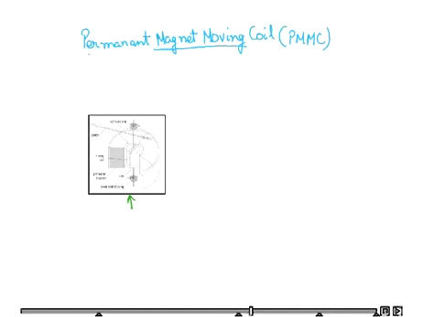Now here there is a permanent magnet seen here. It is the permanent magnet moving coil. This is a coil which is going to move. The magnet is permanent and it is stationary. Now this is the core, this is the pointer.